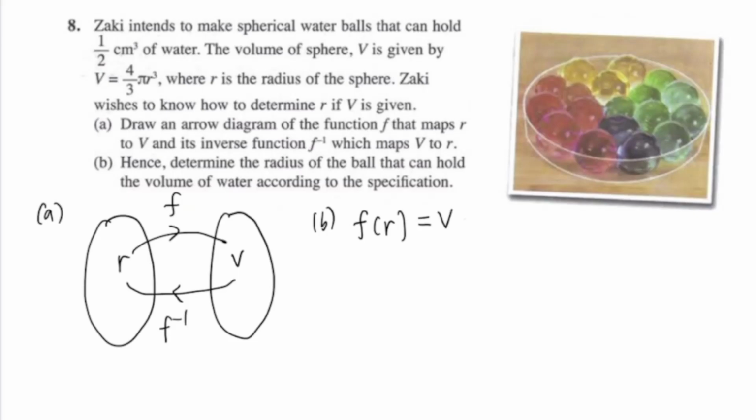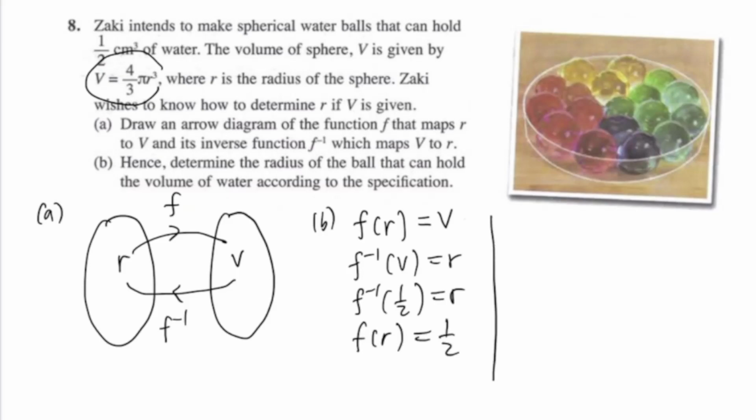So your f inverse V must be r. So you need to inverse this. If you want, you can inverse this, but the volume that we want is half. So we can say f inverse half is now r. So I'm wasting time because I'm rewriting this.